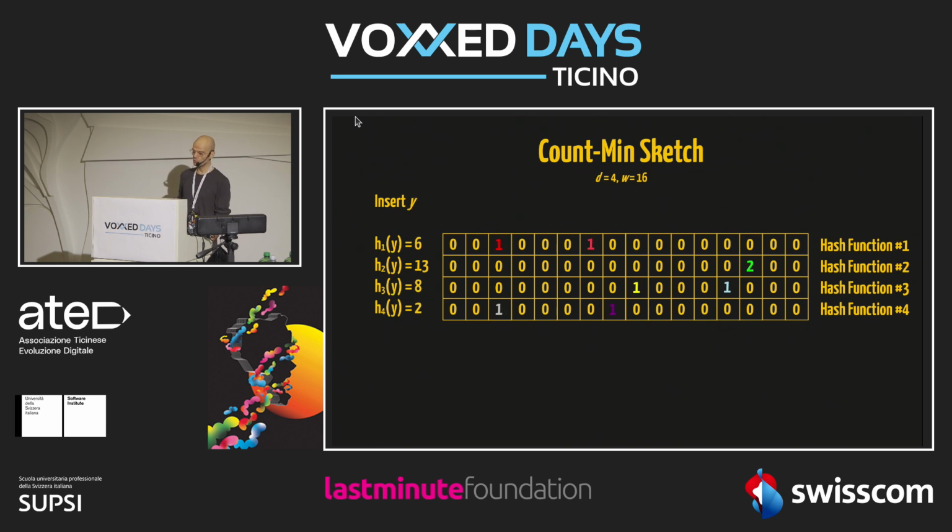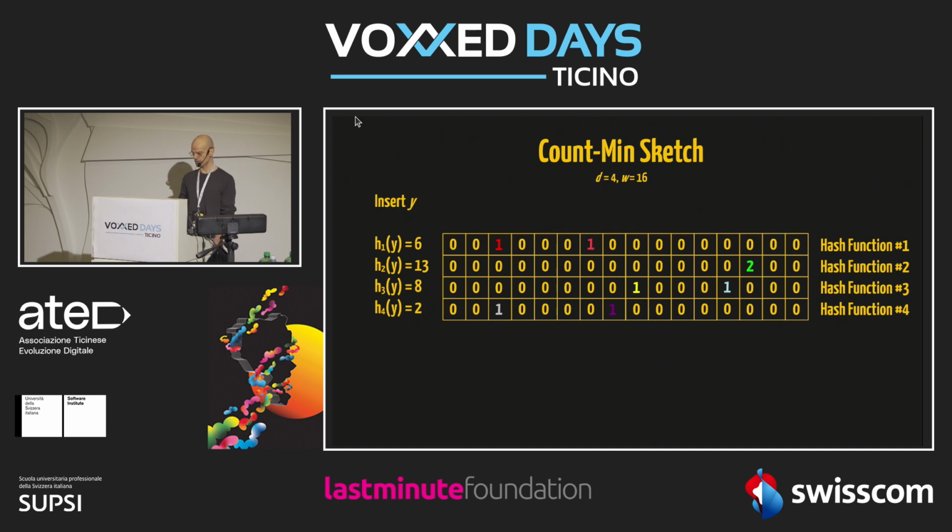Then I want to insert Y. So I apply the first hash function, it's 6, and I put a number there. The second hash function gives me the same result as I got before for X. So it's again 13. So in this case, I increase the existing value, from 1 it becomes 2.